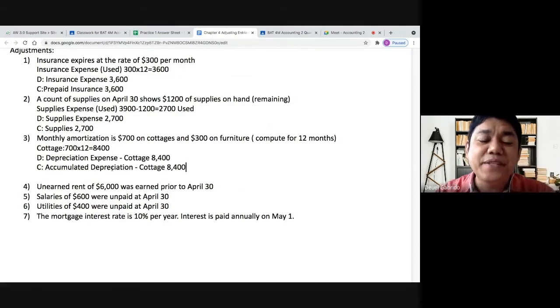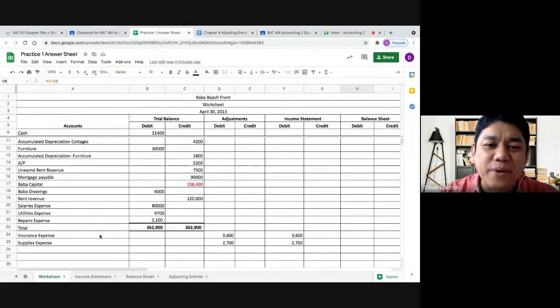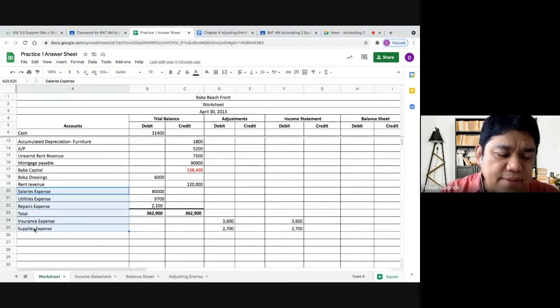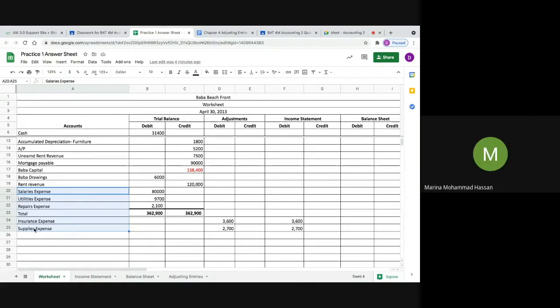So now let's move it to your worksheet. Is the depreciation expense here, guys, in the given expenses? Look, is it here on the list? Yes or no? No, we don't have it.